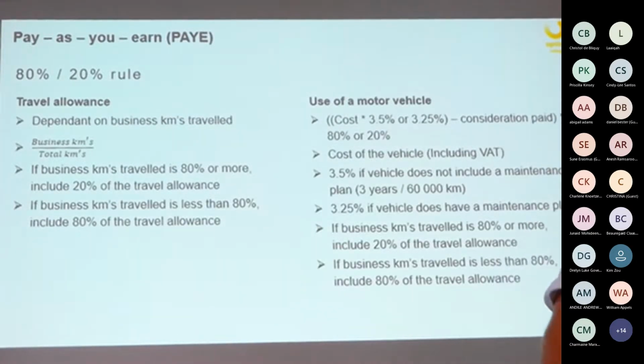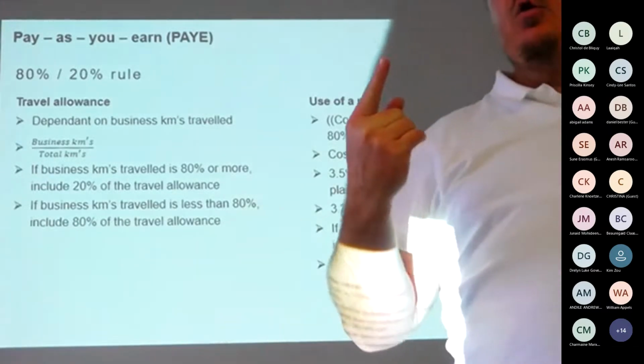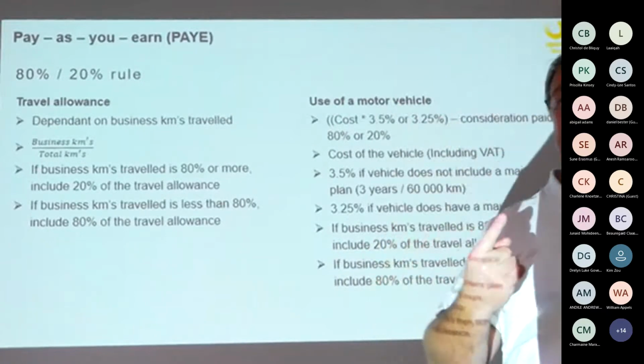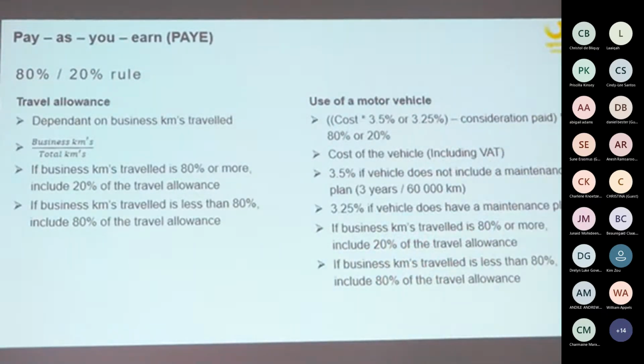The cost of the vehicle is the cost that the employer paid for the vehicle, including VAT, because most probably the employer could not claim the VAT on that car. So the cost is the price that the employer paid for the vehicle, including VAT.